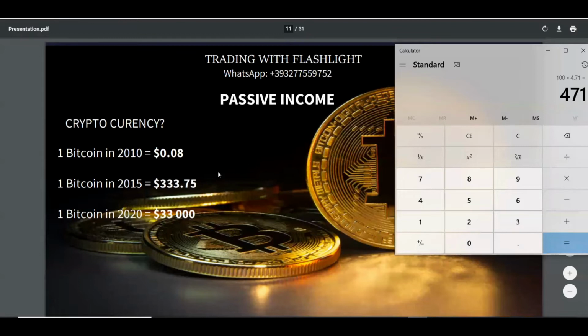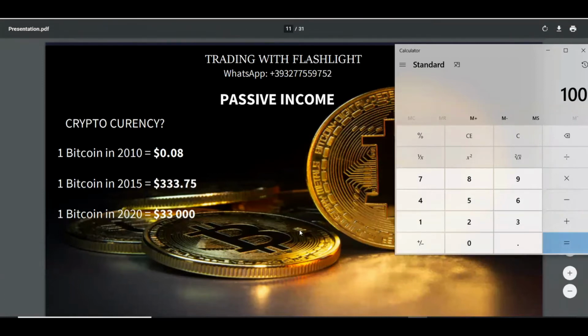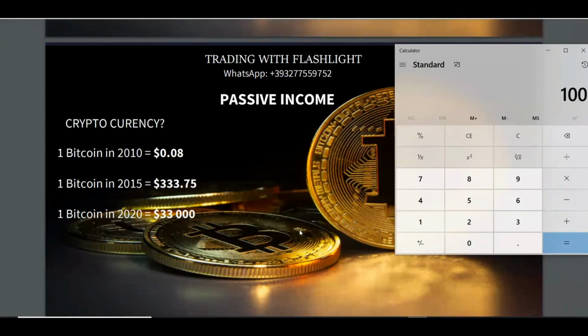You understand? Let's take another example. One Bitcoin is $33,000 now. If you buy $100, you get a certain small amount of Bitcoin. If the price of Bitcoin doubles this year or next year and goes up to, let's say, 66,000, that is 100% profit.